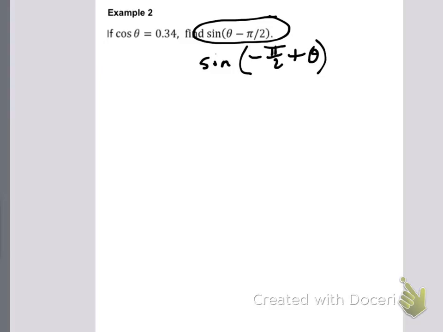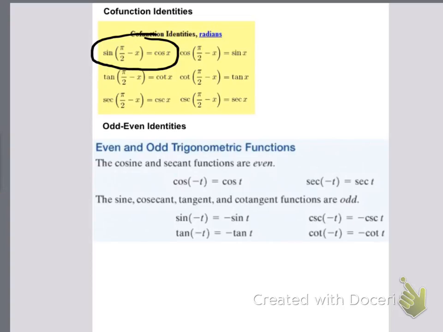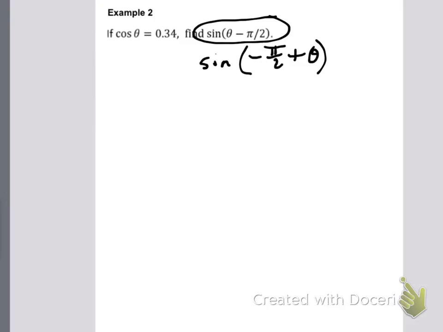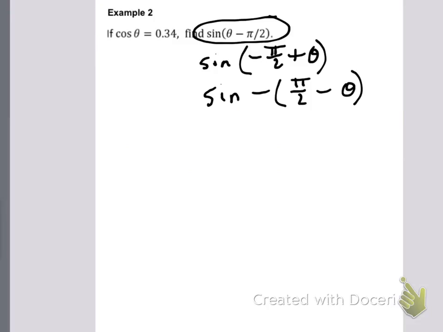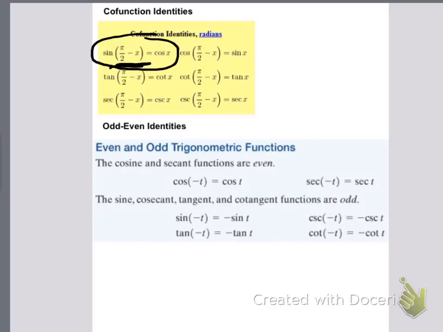Now all I did was switch the terms inside the parentheses. I'd love to make it look like this, where it's pi over 2 minus x. So what I'm going to do is factor out a negative sign, or a -1. Now it looks like this. The only difference is there's a minus sign in front. If I go back here, it says that the sine of negative t equals negative sine t.